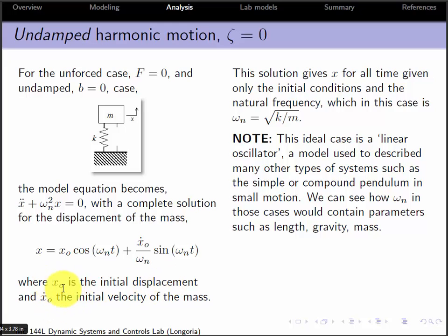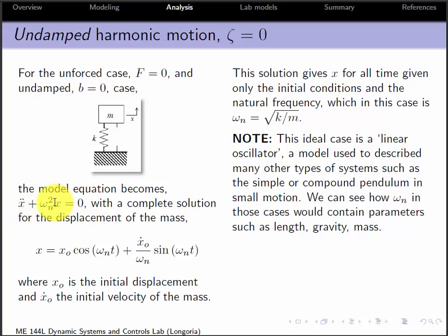So you need to know two initial conditions. It's a second order ODE, so you need to have two initial conditions. If this is a mechanical system of this sort, then x naught is a displacement, and x dot 0 obviously is initial velocity. This is useful because you can apply it to a lot of systems that might have this model equation of a simple oscillator.